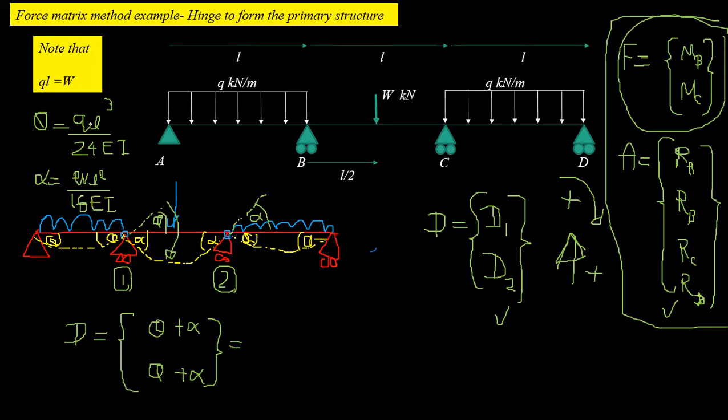So you can take one L from this to QL, and you can write instead W, right? So you can write theta again, WL squared over 24 EI, right?